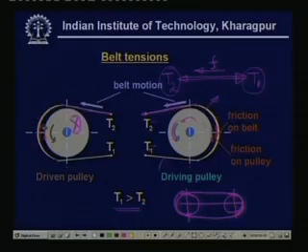You can see in these figures that this gets a friction direction on this side. So, the moment this pulley gets a friction in this direction, this frictional force will create a motion of the pulley in this direction.